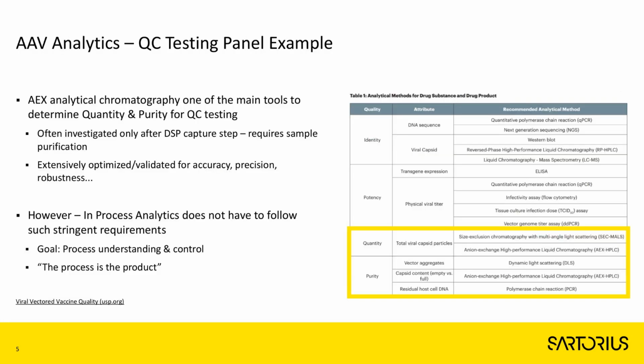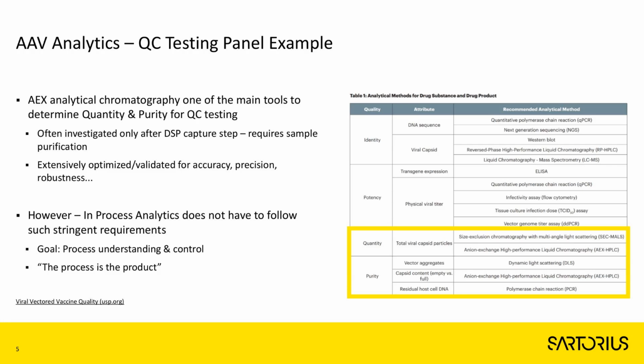Now, if we take a look at analytics, which is one of the major tools that helps develop both upstream and downstream, because without analytical insights, it's pretty much impossible to know or optimize the process in any sort of way. There's a lot of methods that are available for analytics, and especially popular are the ones that are often utilized for quality control testing, as an example given here on the right.